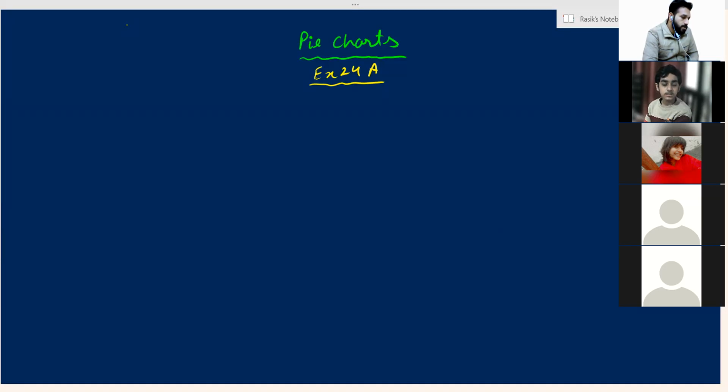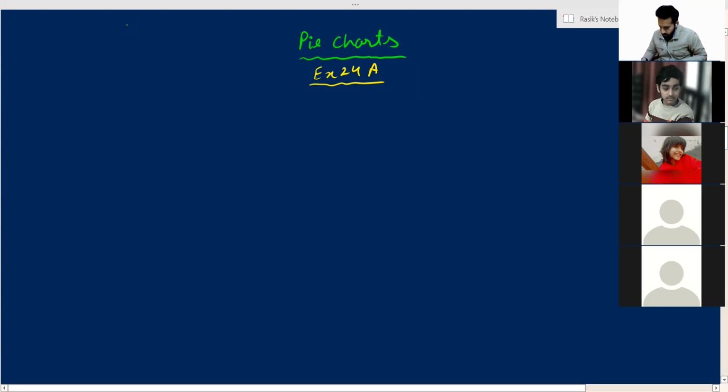Anshuman, can you read the question? ...of a family is 28,800. The monthly expenditure of the family on various items is given below. Correct. So the data is given about what?